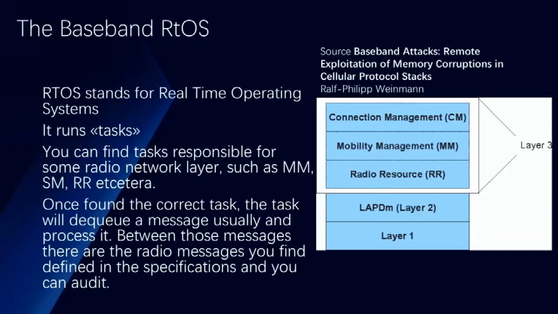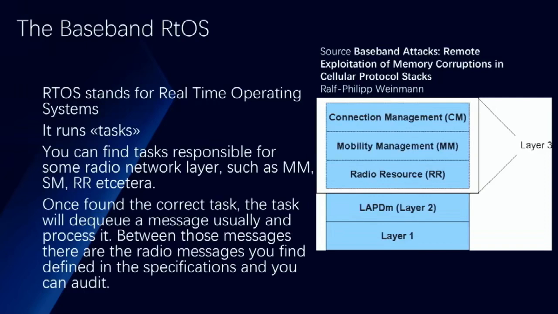So let's talk a little bit more about the real-time operating system on the baseband. Like I said, they run tasks, but what you need to know is that often there is a task for every network layer you can find in the protocol. So for example, if you take the mobility management layer, which is a GSM part, you are often able to find a task called MM, which is responsible for this part.